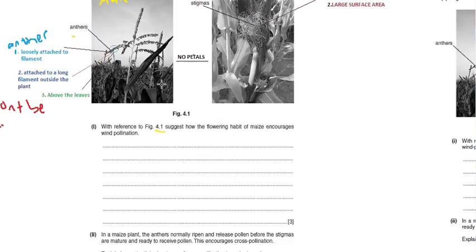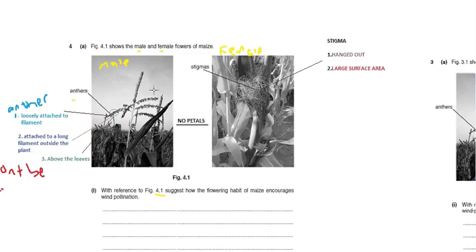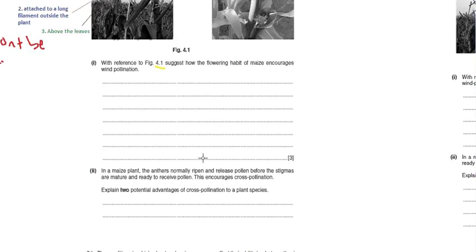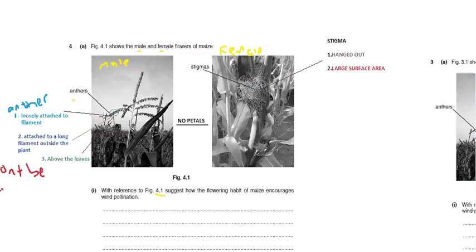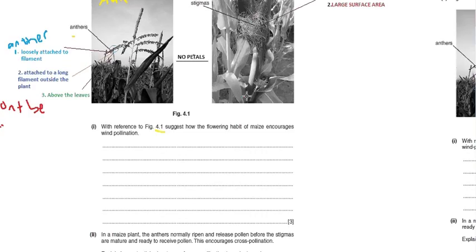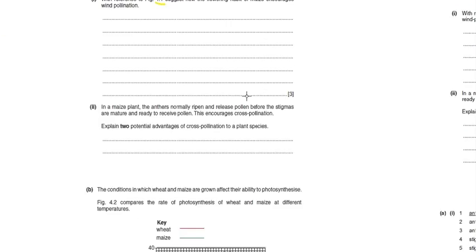You cannot see any petal over here. So this helps the pollen grain to come and hit the stigma without hitting the petals. So that's how the maize plants are adapted.